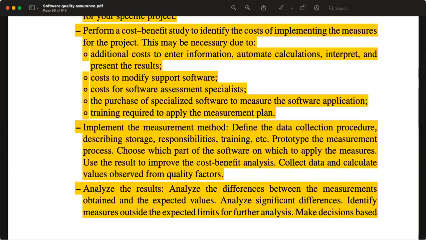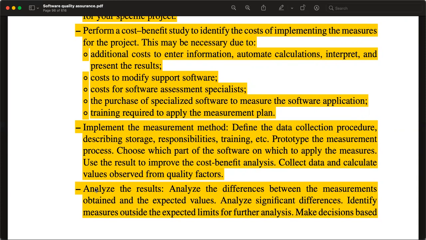So you can implement the measurement method, and define the data collection procedure, describing storage, responsibilities, training, etc. Prototype the measurement process, choose which part of the software in which to apply the measures, use the results to improve the cost-benefit analysis, and collect data and calculate values observed for quality factors.